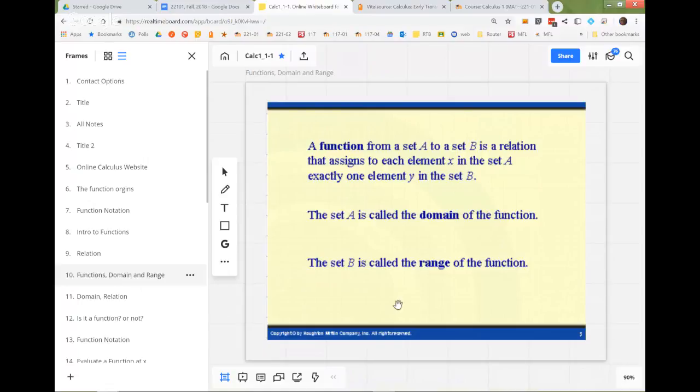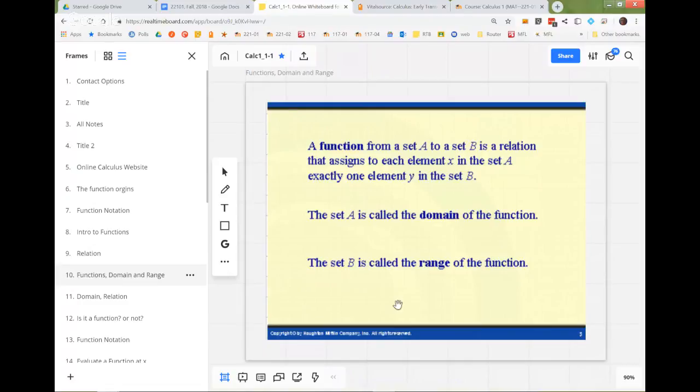If you got charged, I don't know, $1.98 for the milk, and I got charged $5 for the milk, we would scream unfair, wrong, and that's correct, because for a function, when you have a given quantity like a gallon of whole milk, you can only have one result for that. That's what a function requires. You can't have one time it's this and the other time it's that. It's got to be defined singly.